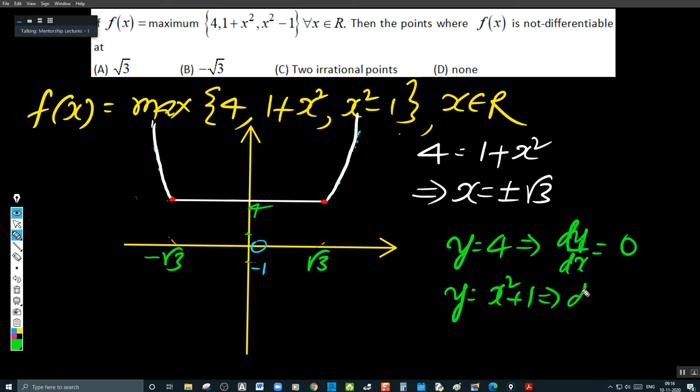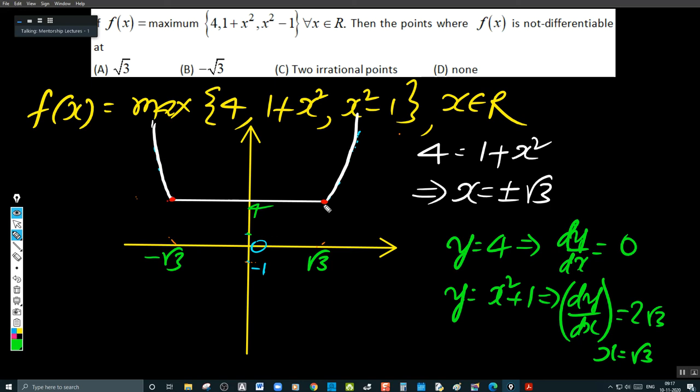If you find its derivative now, dy by dx is 2x, so at x equal to root 3 you will get 2 root 3. Both are not equal, just check it out.